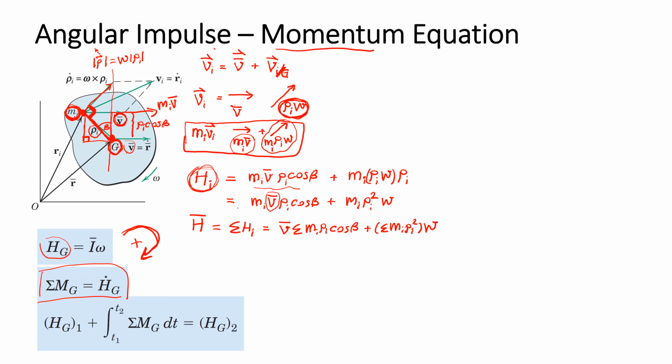If you still remember from the previous lecture, the rho I cosine beta seems to be the vertical displacement, yi.